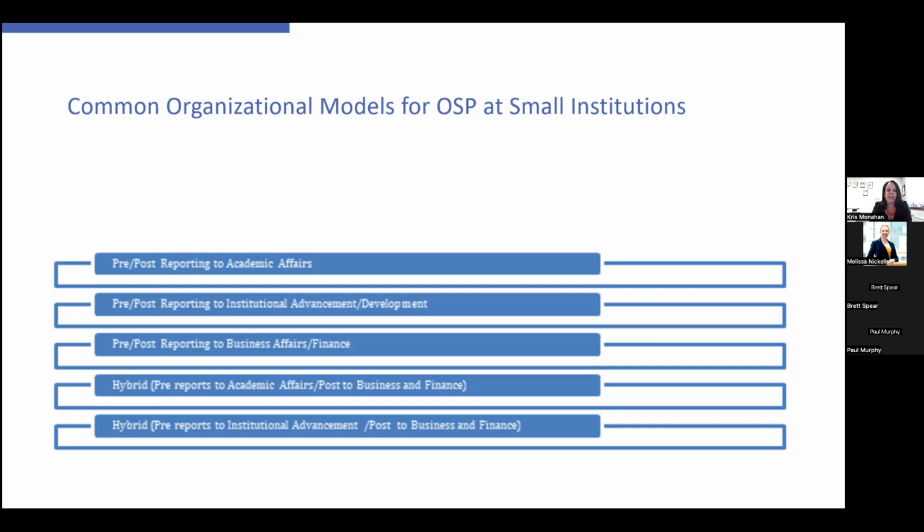What I see a lot is some kind of hybrid where the pre-award is reporting either to academic affairs or institutional advancement, or sometimes a combo of both. I've also seen an office of college grants that is both academic affairs and institutional advancement grants for the pre-award, and then all post-award being handled by business and finance. So I call that sort of a hybrid split between two different divisions of the institution.